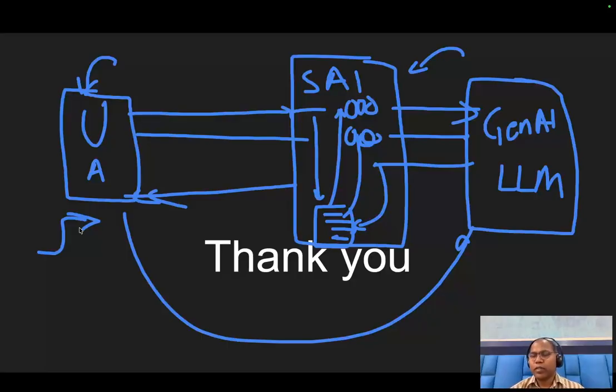So how communication happens with the Gen AI, how to prepare the query, how to respond, how to read and how to store them, everything is taken care of by your Spring AI application. That's very good.